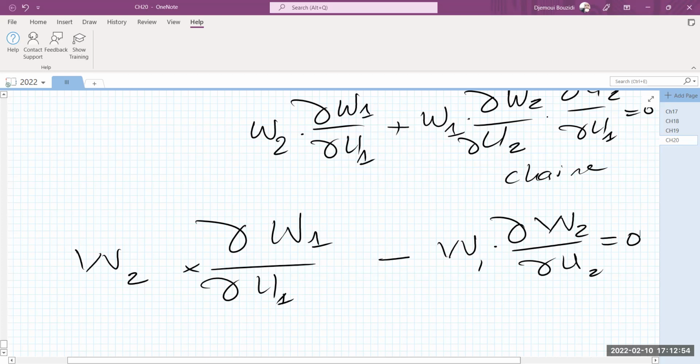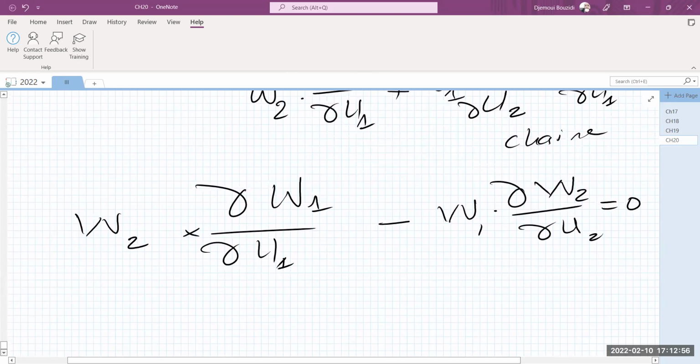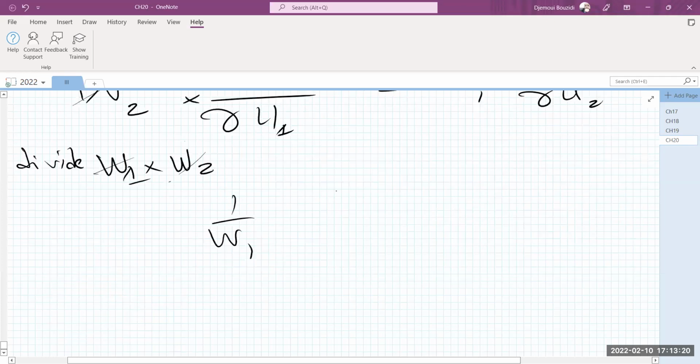Now, last step, divide the last expression by W1 times W2. Obviously, this W2 and this W2 cancel from the first term, and W1 from the second.